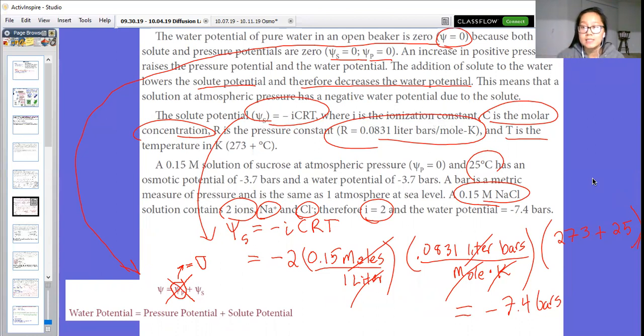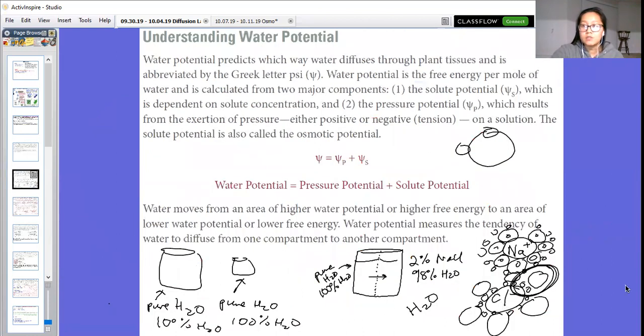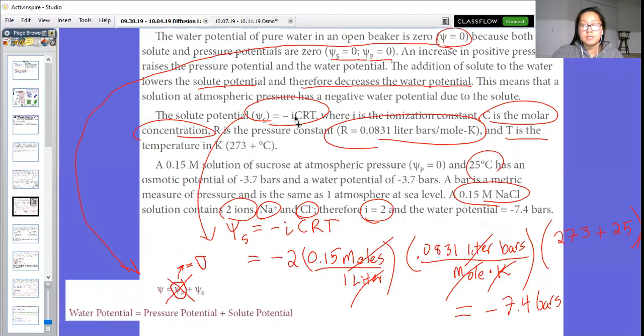For example, NaCl, when you put it in water, breaks down separately into Na and Cl. So inside of water, NaCl or table salt is not one molecule at a time. It breaks down into two pieces at a time, Na and Cl. So our ionization constant of NaCl would be 2.